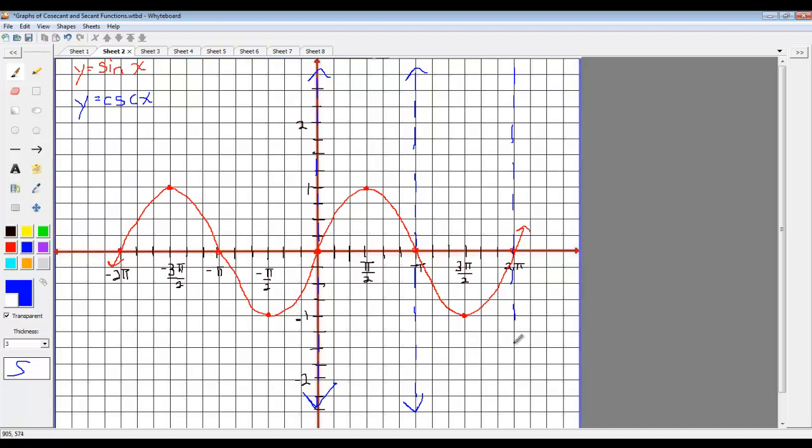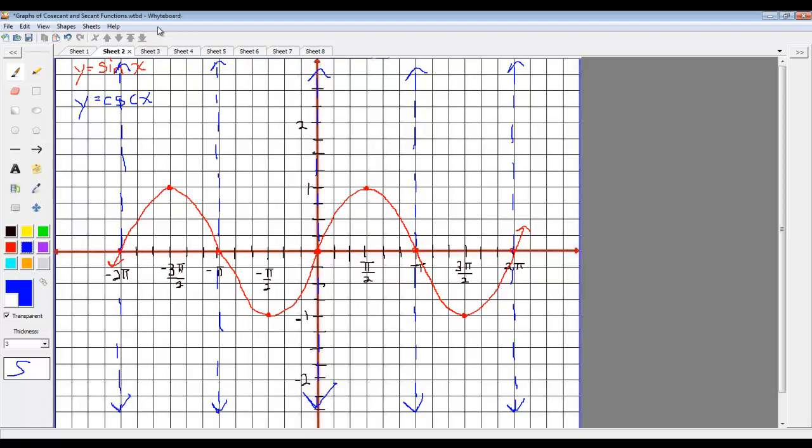Then you can see wherever the sine graph crosses the x-axis, you know where your vertical asymptotes have to be. That tells you a lot there. And then you can see wherever the peaks, maximums are, you know where some points for the cosecant have to be, and then you know which way to send the curves. Okay.